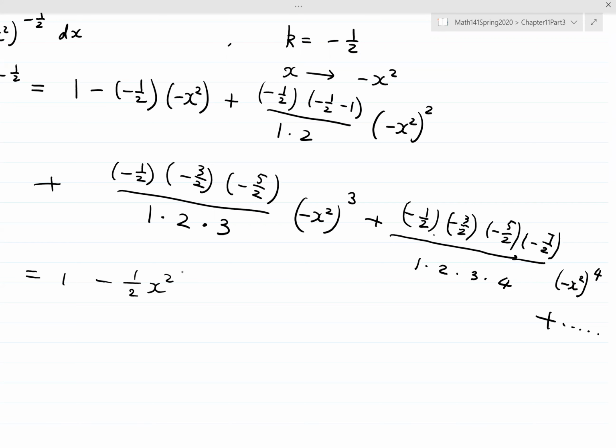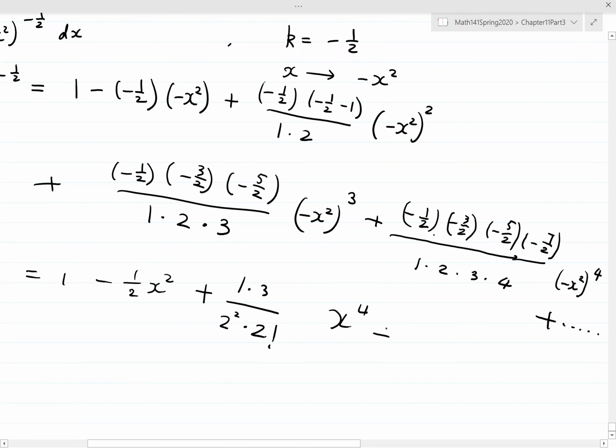The next term is x to the power 4, the denominator is 2 squared, this is 1 times 3 over 2 squared times 2 factorial.